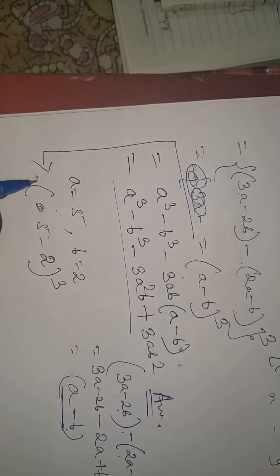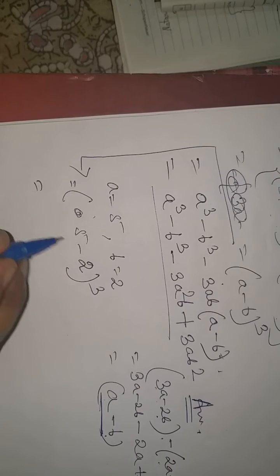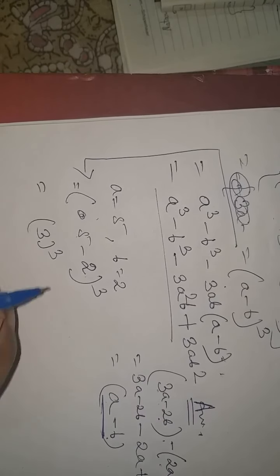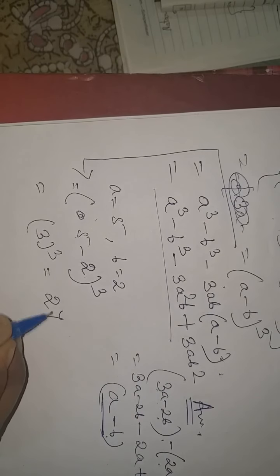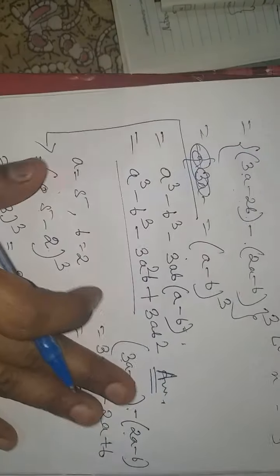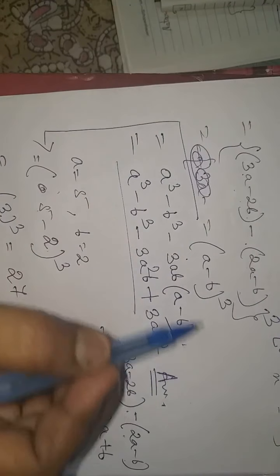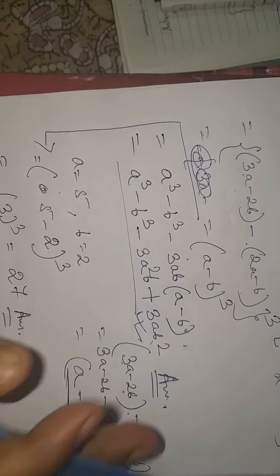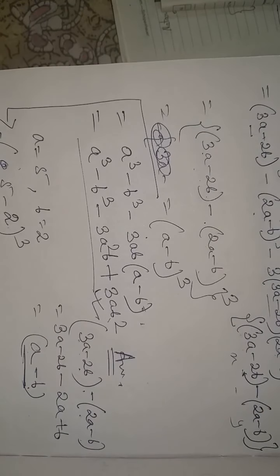So 5 minus 2 is 3, whole cube means 27 is the answer. So sometimes you have to use the values of the variables when they are given. But if no value is given, your answer should be this one. Okay, so I hope it is clear to you right now.